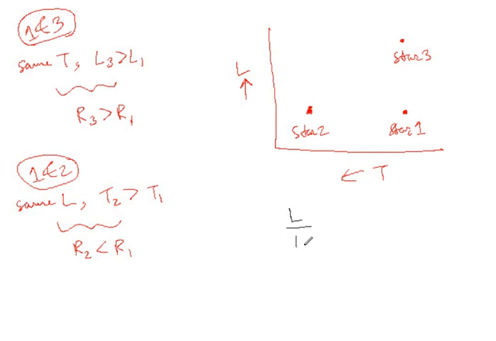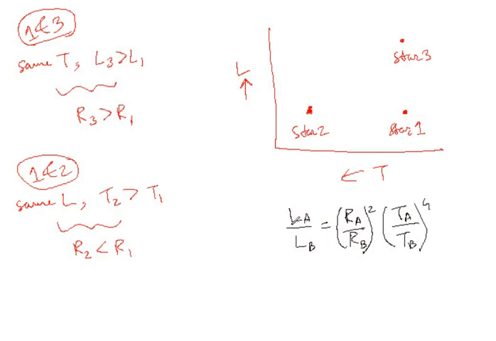Basically, we are just doing this: L_A by L_B is equal to R_A by R_B squared, and then T_A by T_B to the power 4.